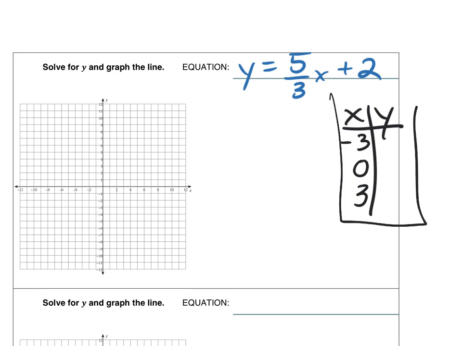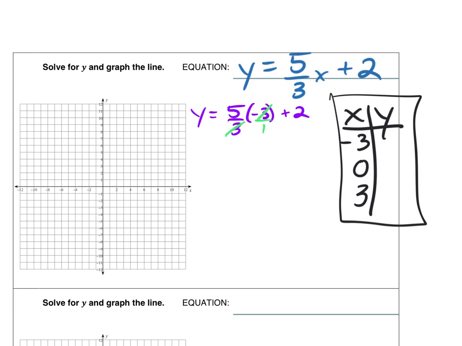And we're going to plug this into the equation. So y equals 5/3 times -3 plus 2. So I took the x out, replaced it with -3. The 3's will cancel out because it's really 5/3 times -3 over 1.